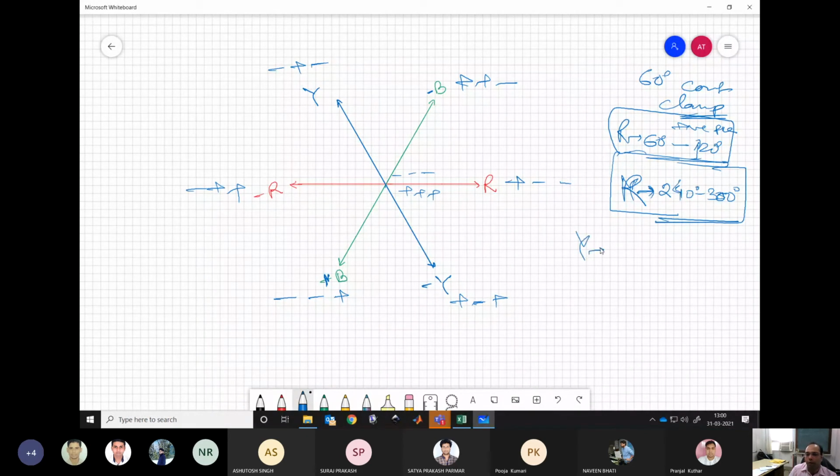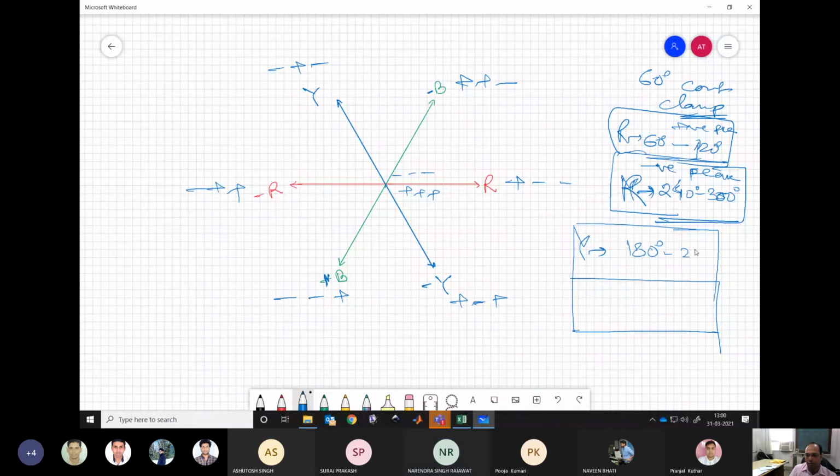So what will be the corresponding Y? Any answers? 180 to 240. Can you explain how? Sir, after 120 degree from R phase we can do. That is also correct.